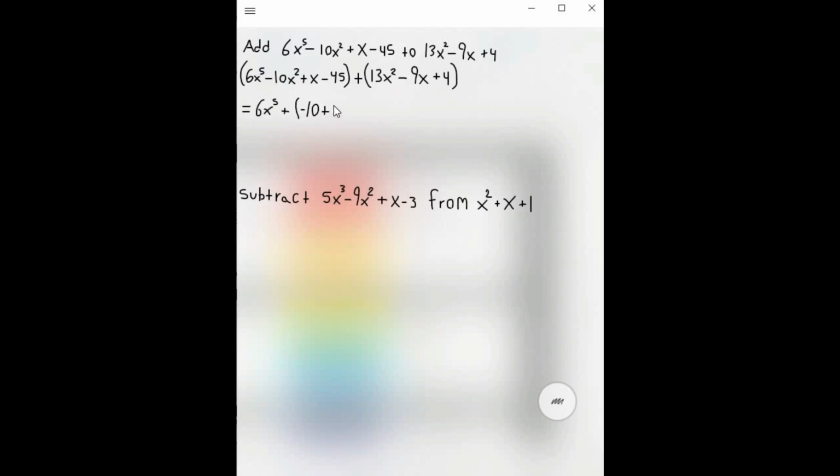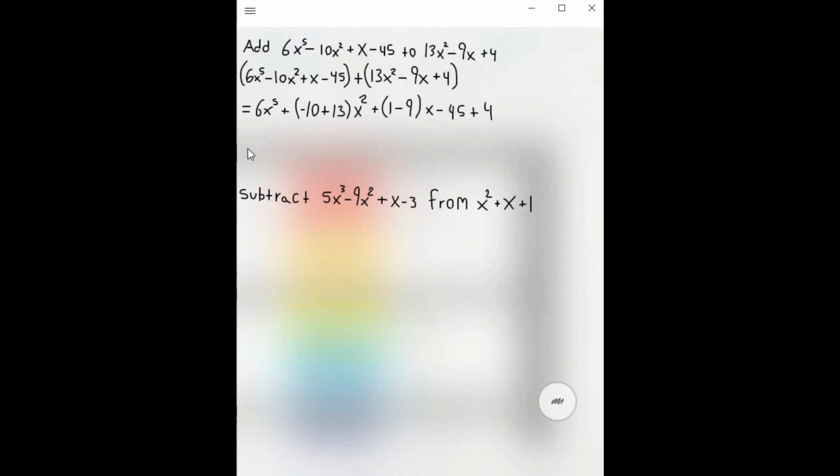And then we're going to have both of those multiplied by x squared, referring back to the distributive law. And now the next bracket is going to have 1 minus 9, because x and minus 9x have the same variable, which is x. And then we're going to have minus 45 plus 4, because those coefficients have no variable. Then we're simply going to solve from there.